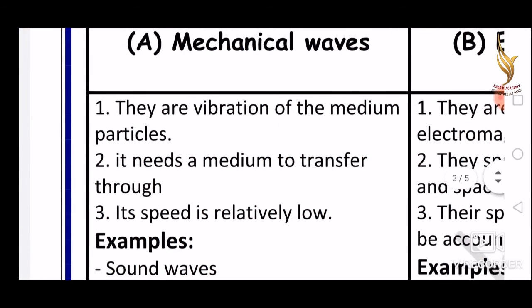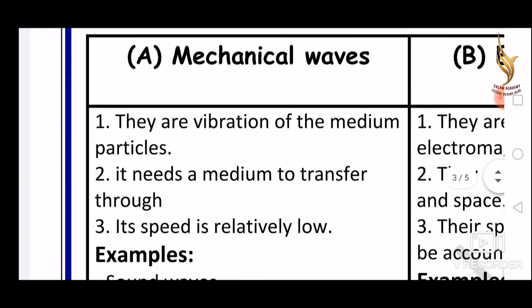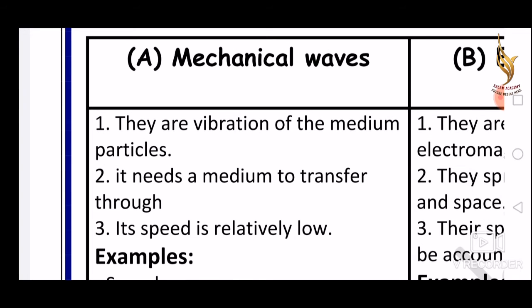It needs a medium to transfer through, and its speed is relatively low. So if the wave needs a medium to transfer through, its speed is relatively low, and the medium particles vibrate, that is called a mechanical wave.